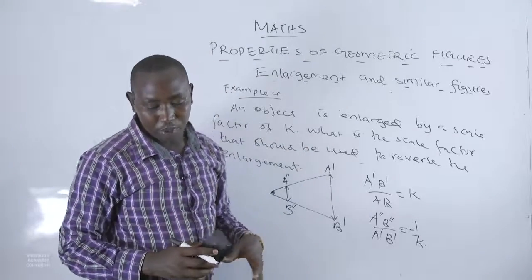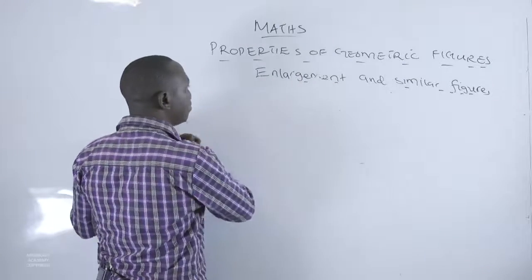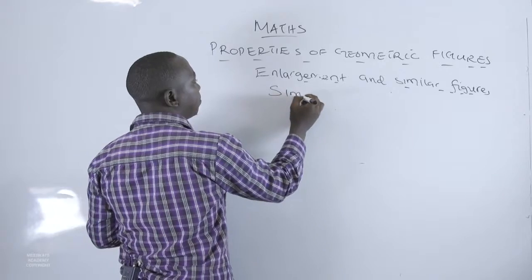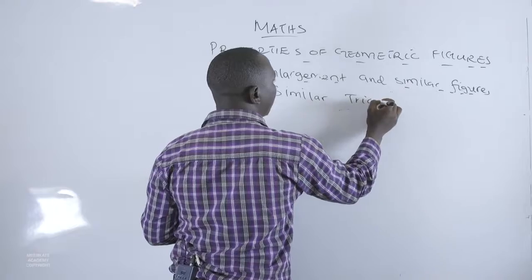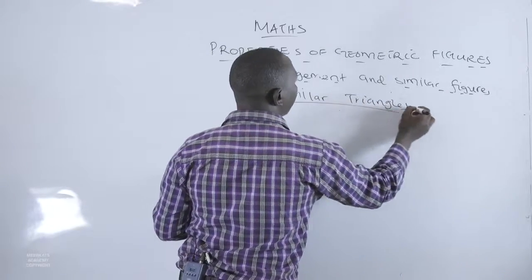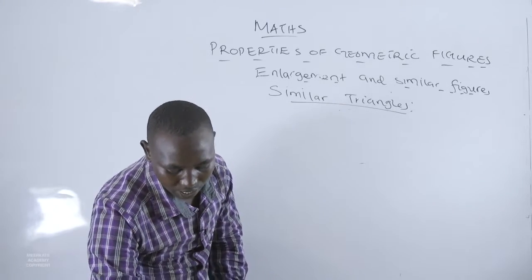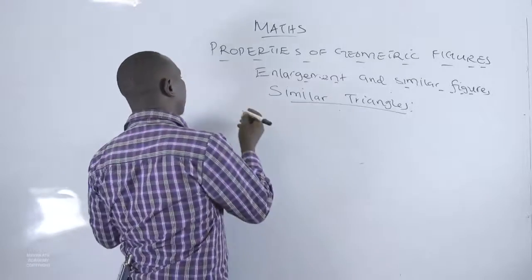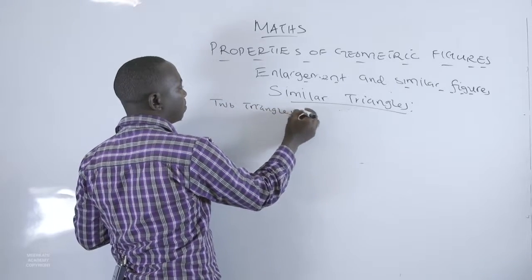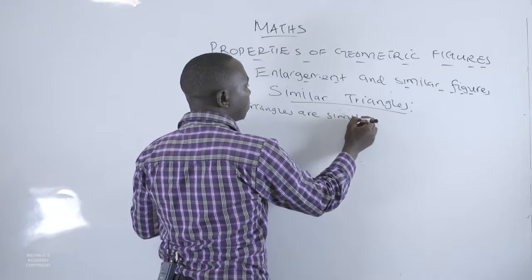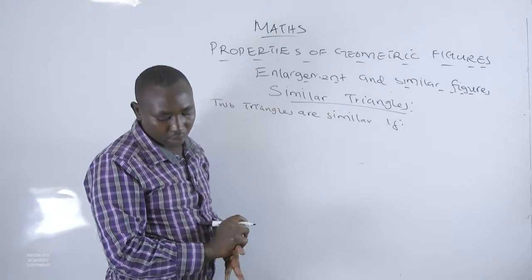So let us look at another subtopic on similar triangles. Now there are some points that we need to note concerning similar triangles. That is, two triangles are similar if we have two conditions.